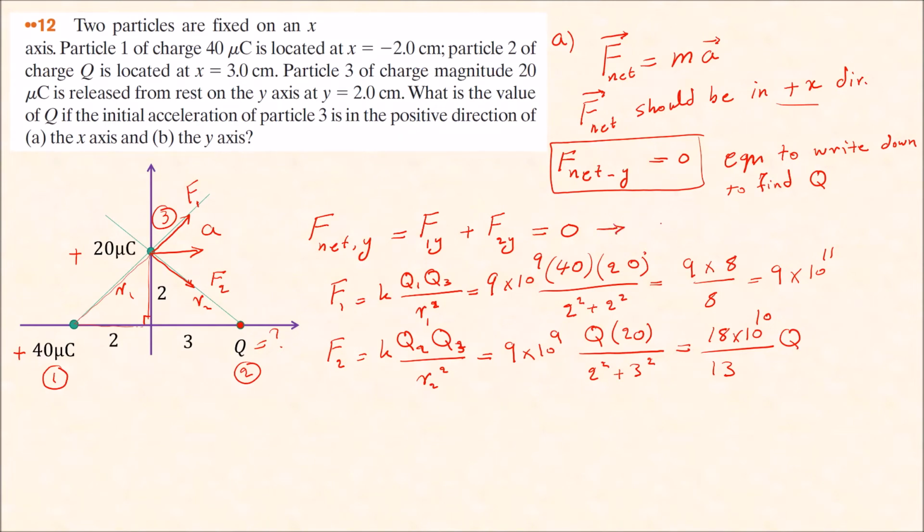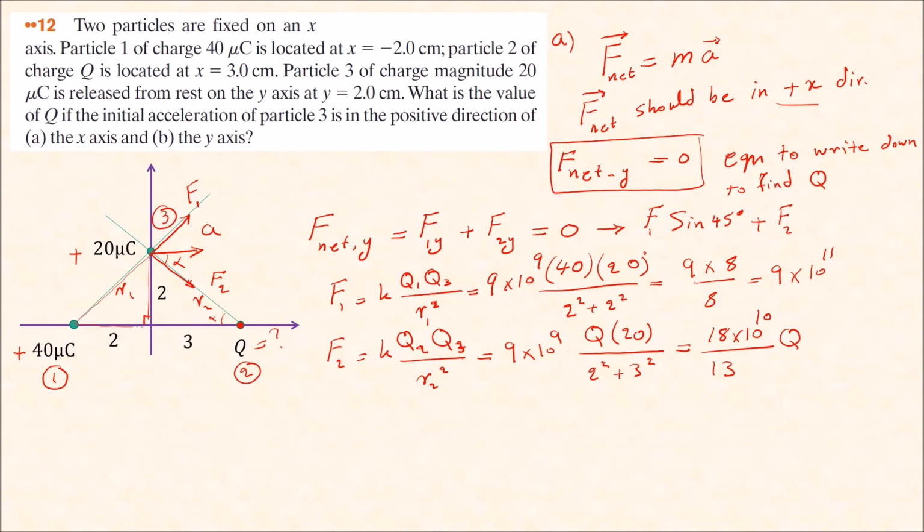So you see, this is F1 magnitude times sine of 45 degrees, plus F2 times sine of this angle, which is the same as this angle, alpha, see?